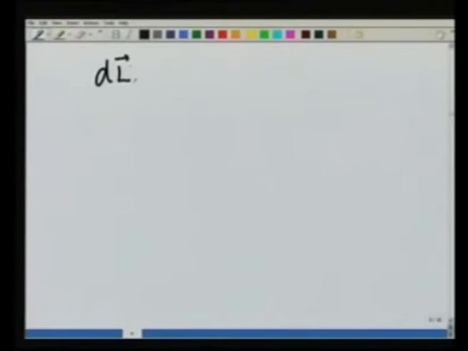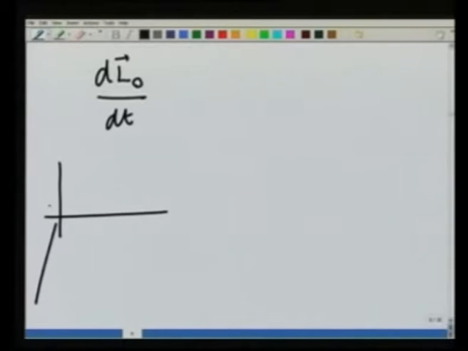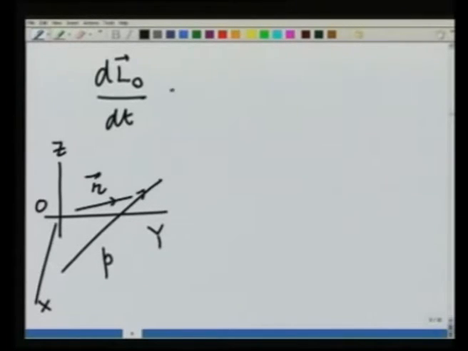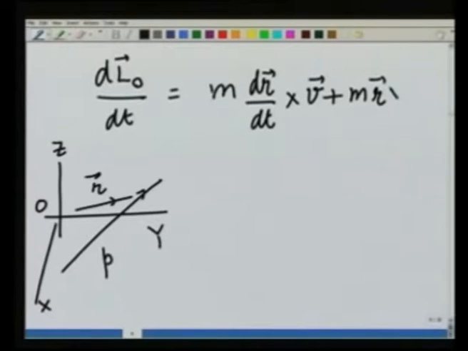So, what we have obtained is dL with respect to O by dt, where let me just remind you that I have an origin O, x, y, z, the particle is moving like this with momentum p, this is r, is equal to m dr/dt cross v plus m r cross dv/dt.